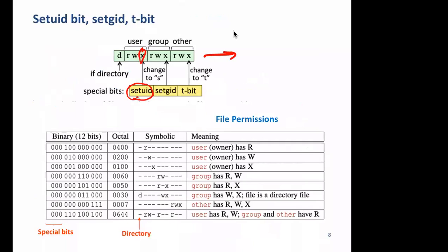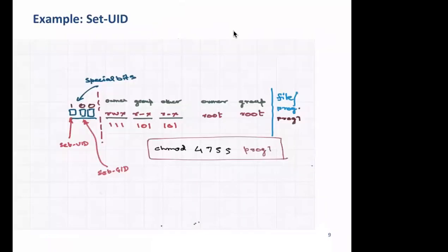So the Set UID bit corresponds to the execution of the owner. Basically, limited rights are given to the user to use certain resources, but the full power of root is not given. So that's a very interesting concept.